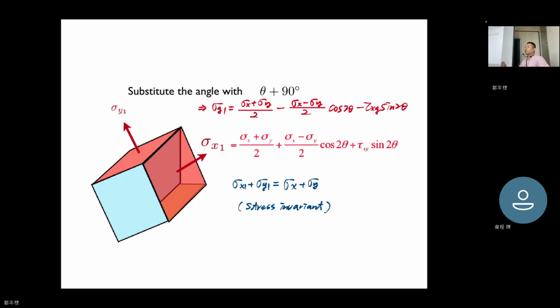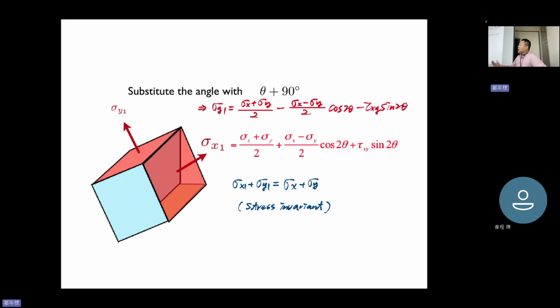Variant means changing. Invariant is not changing. So no matter how your axes change, the stress invariant stays the same. Your sigma x1 plus sigma y1 always equals sigma x plus sigma y. You learned this in chapter 2 as well.